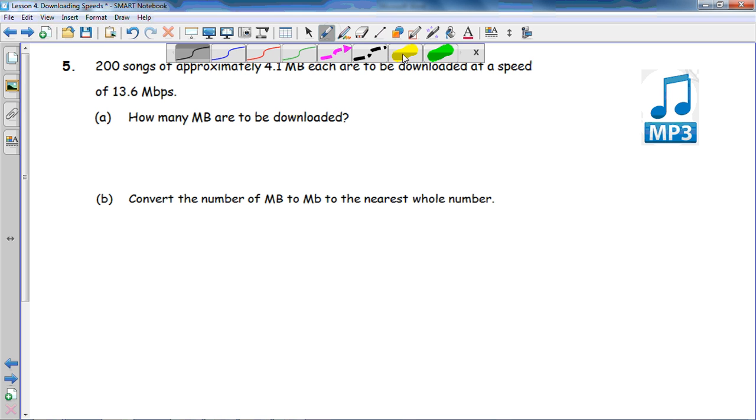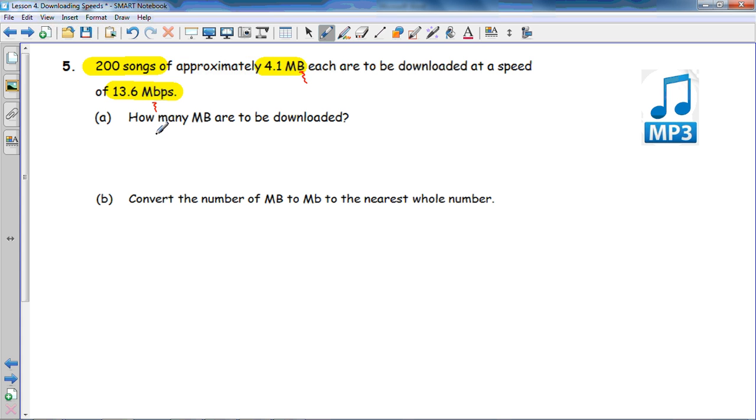So now to an example of where we'll be using this in our everyday life. We have 200 songs. They're approximately 4.1 megabytes each to be downloaded at a speed of 13.6 megabits per second. Remember, you need to pay attention to the B's, capital B, bytes, lowercase b, bits. So first of all, we want to work out how many megabytes are to be downloaded.